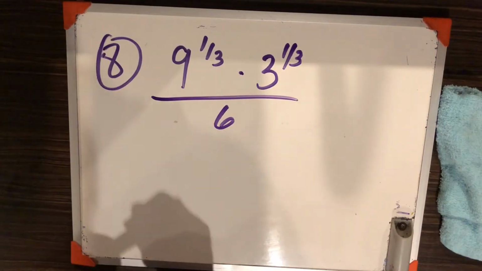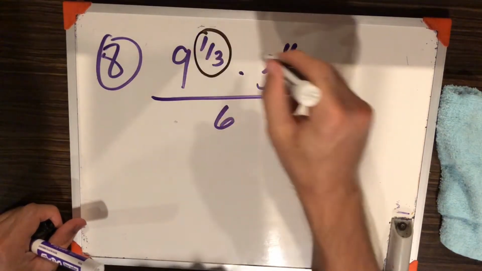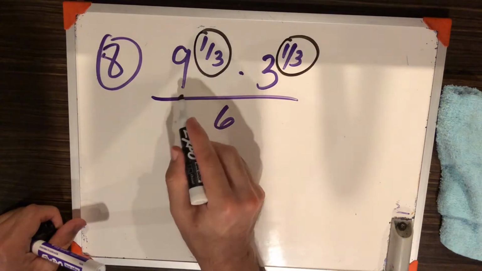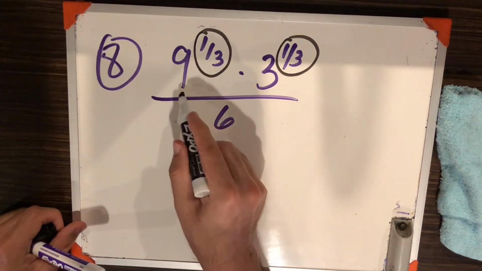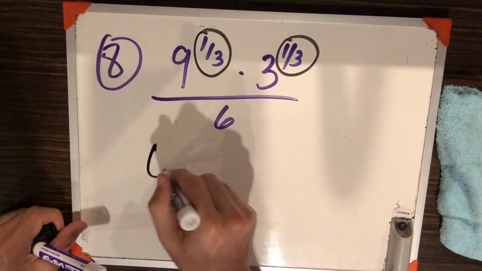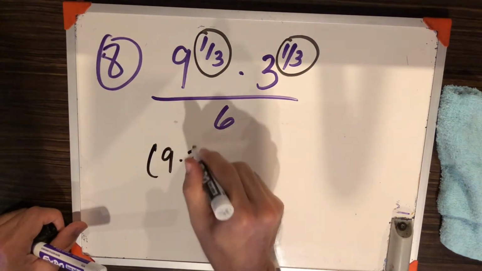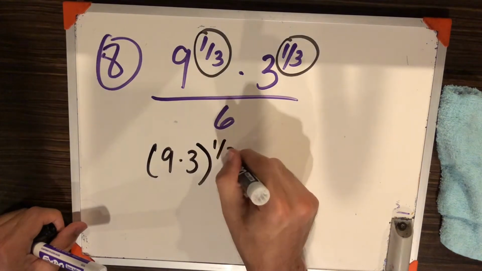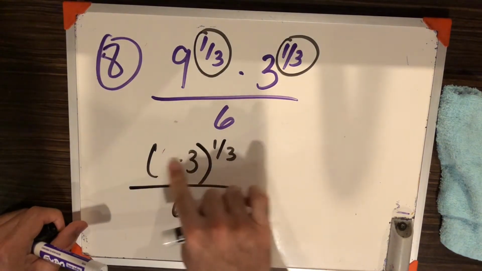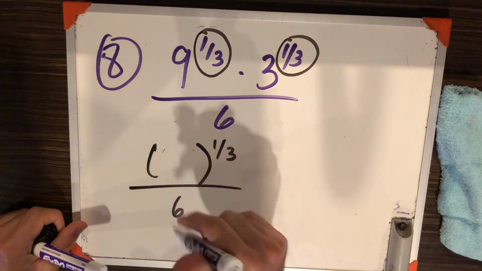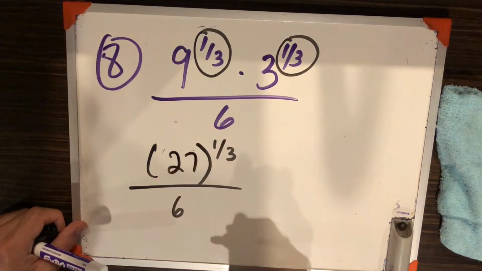All right, number 8. Number 8, we have the same exponents, which is awesome because, again, we can do something similar to the last problem. 9 times 3, taken to the power of 1 over 3, over 6. Of course, 9 times 3 is 27. Okay.